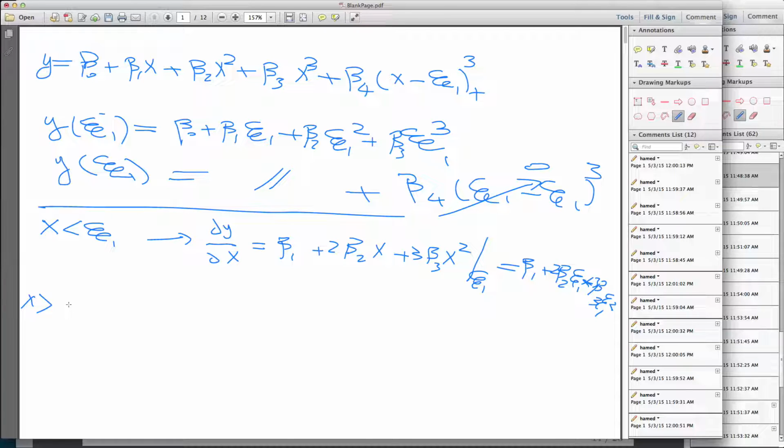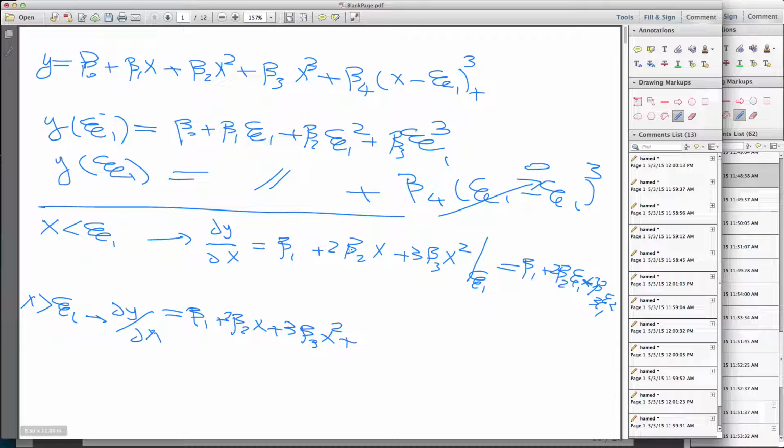So when x is more than psi 1, this function becomes active. So the first order derivative with respect to x will become the same thing we had before, 2 beta 2 x plus 3 beta 3 x squared, plus 3 times beta 4 times (x minus psi 1) squared.